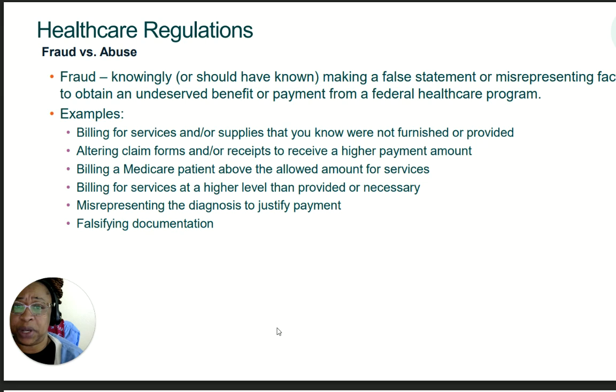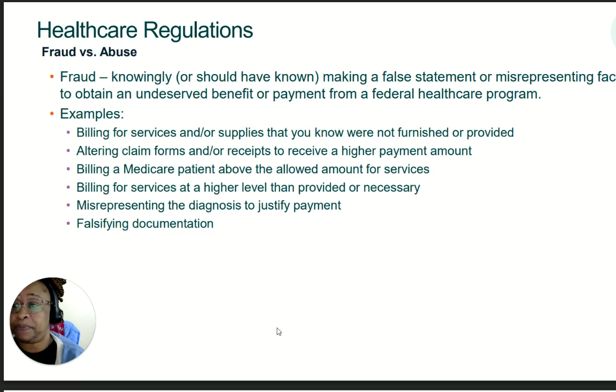Fraud versus abuse. This is a very important part, and knowing the difference between the two will make you a very different thinker when it comes to coding and billing. Let's start with fraud. Fraud is knowingly, or should have known, making a false statement or misrepresentation to obtain an undeserved benefit or payment from a federal healthcare program.